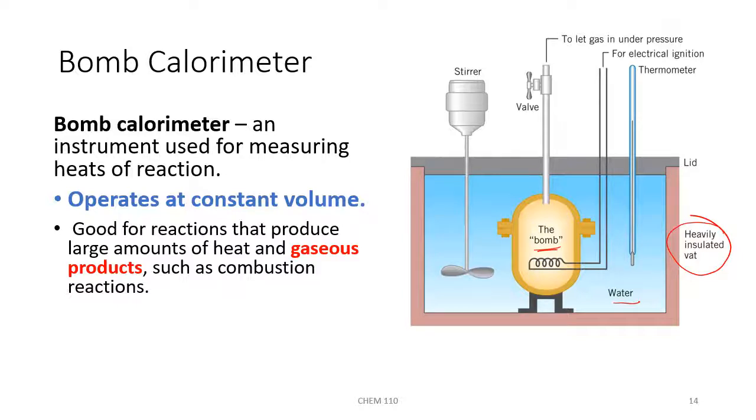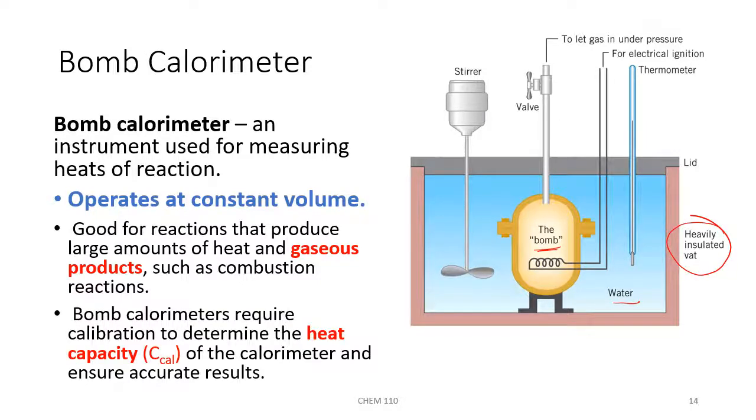Because we're operating at constant volume, none of the energy will get converted to work. So energy could be released in the form of heat or work when we're operating at constant pressure, such as in a coffee cup calorimeter. But when we're restricting to constant volume, all of the energy released will be in the form of heat.